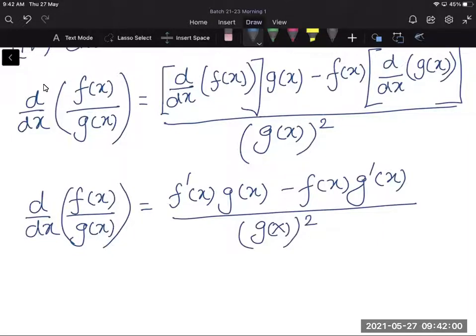Please notice it is not g(x) square. Arnav, absolutely right. If we can prove the product rule, we can prove the quotient rule also. In fact, if you have proved the product rule, then you have automatically proved the quotient rule. But still, try to do it yourself.